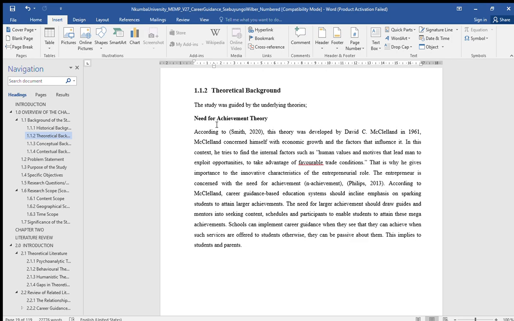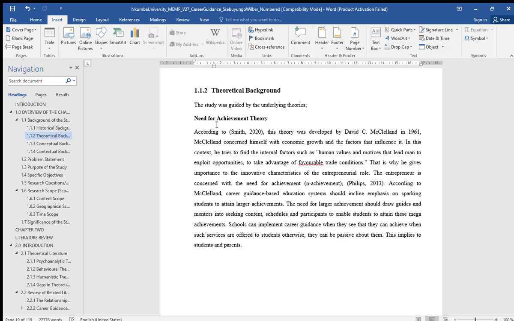You can talk about constructivist theory. So then behavioral learning theory, those theories that support teaching methods.